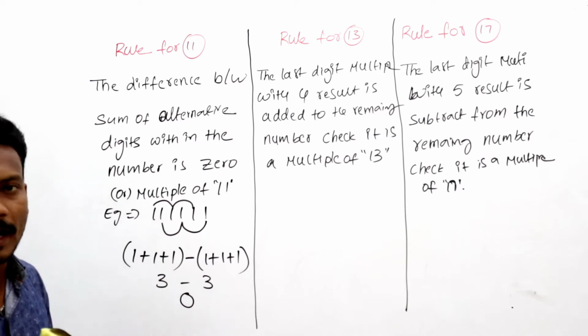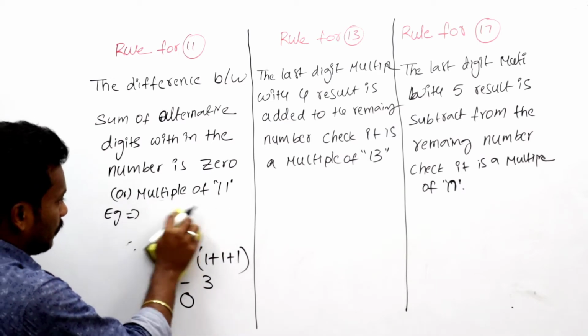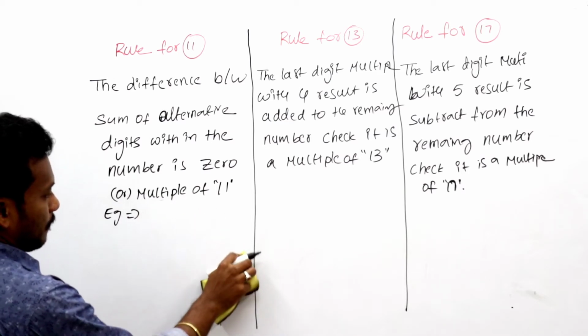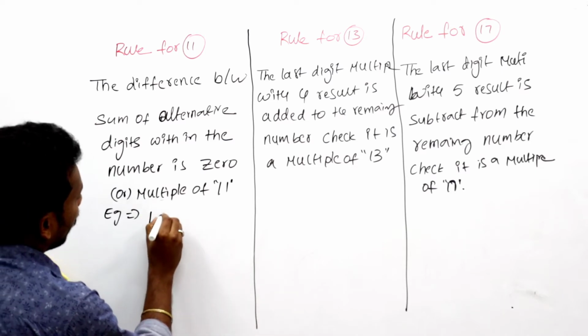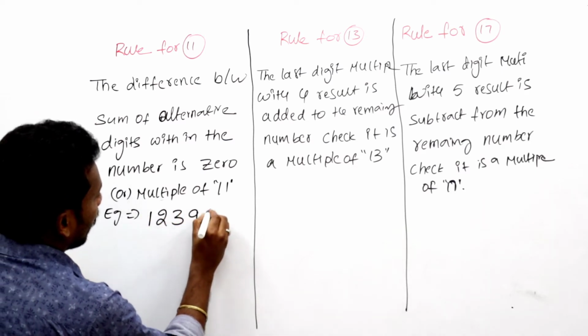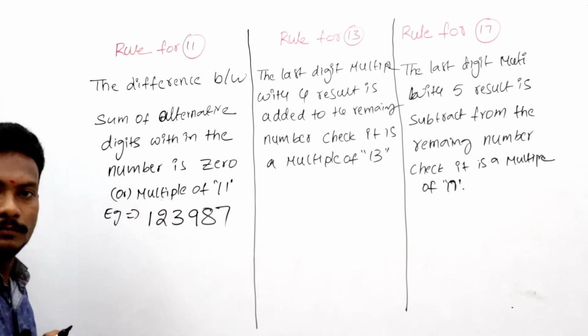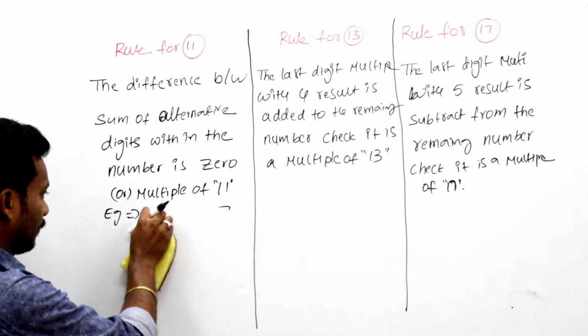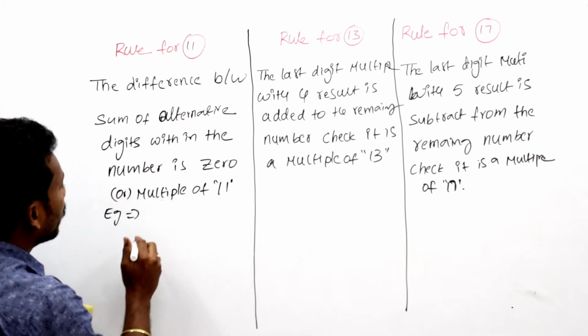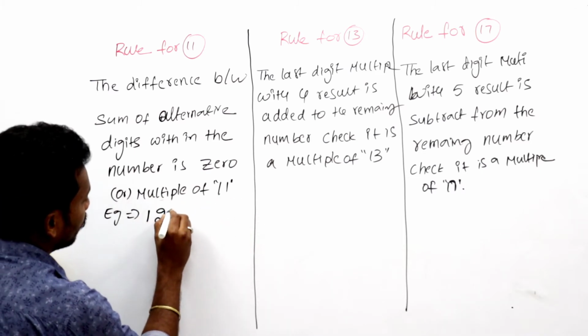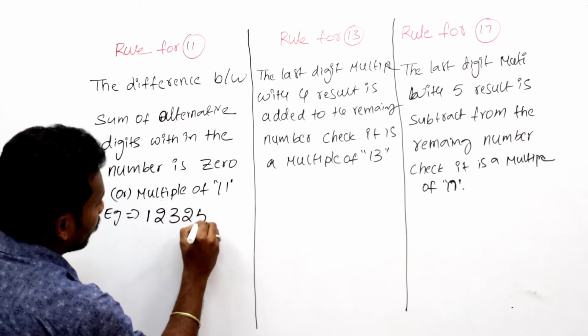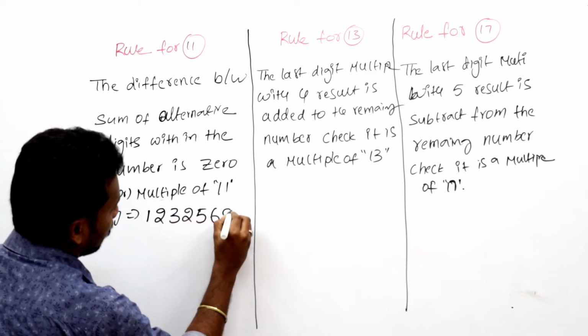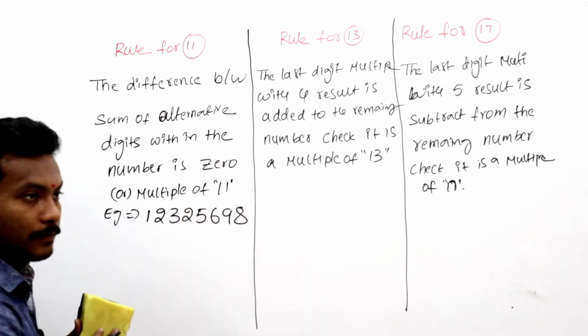I will explain another example. I am taking the number 1 2 3 2 5 6 9 8.